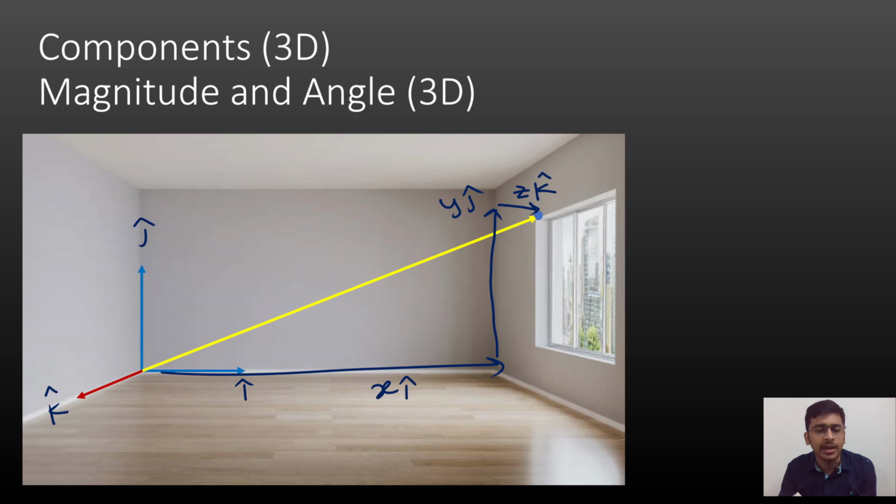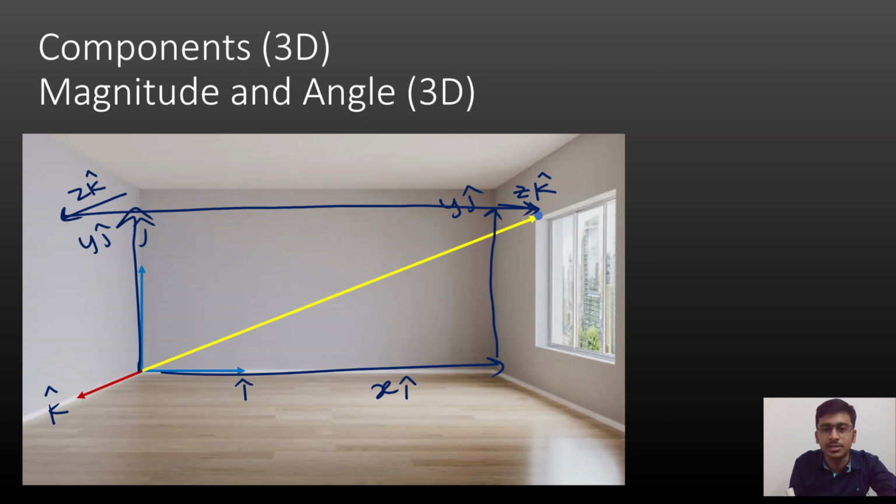Or maybe I can go in j cap direction first, and it actually doesn't matter. So this is y j cap, then I can probably go z k cap later on, and then I can go in the x direction to get where this fly is. Correct.